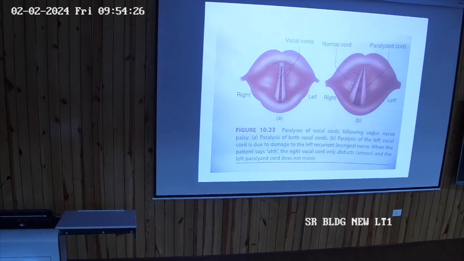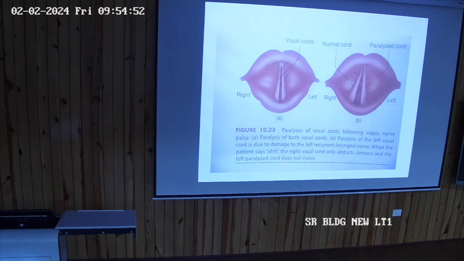I am showing this diagram for the condition due to paralysis of both the vagus nerve and the external laryngeal nerve. Both are paralyzed. In that condition, the vocal cords are permanently fixed, and that is called the cadaveric vocal cords.